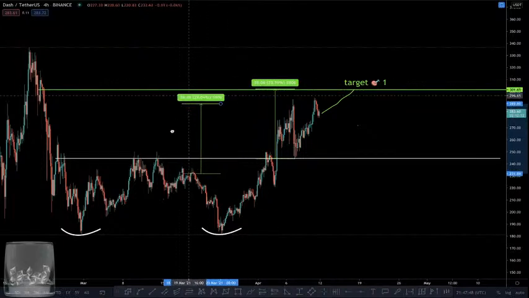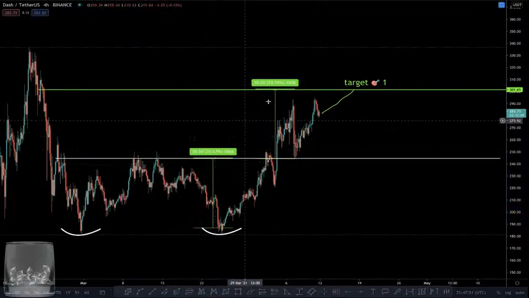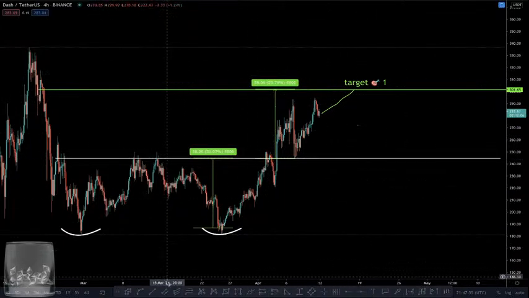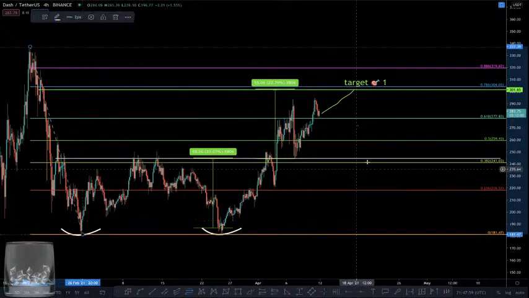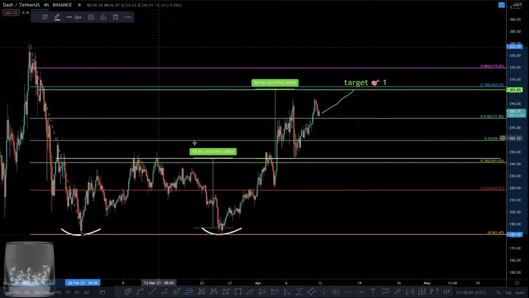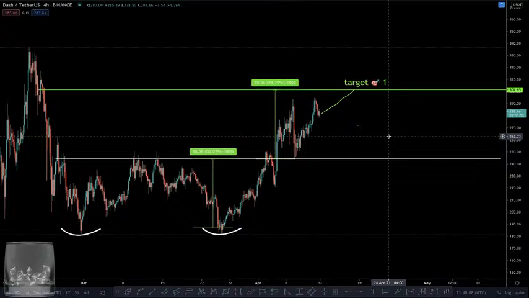We took that measured move down here of this structure, and we pasted it up here and created our target area. We also use a fib level to line that up with. See, we're targeting the 0.786, which is the measured move and a critical fib. So we're trying to be methodical with our take profit levels, okay?